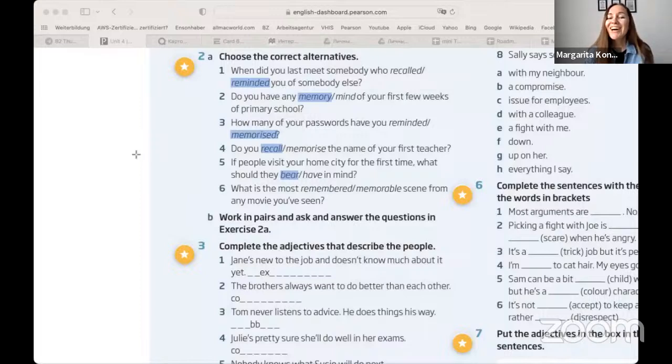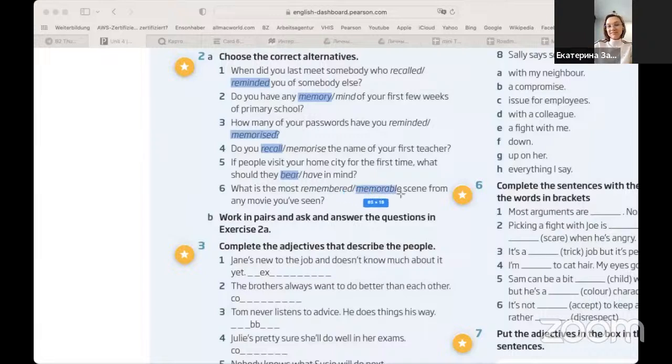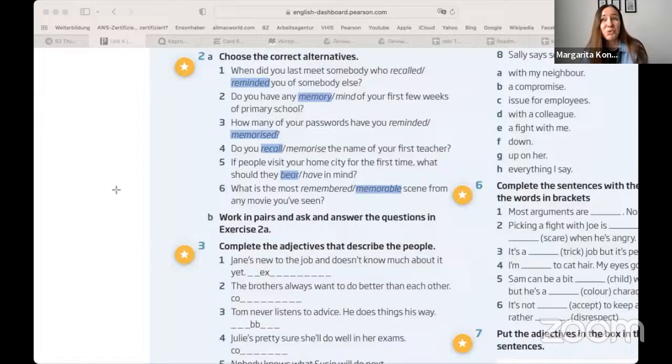All right, take the next one. What is the most memorable scene from any movie you've seen? Oh, this is such a difficult question every time for me. I've seen so many films and movies. That's difficult to say.